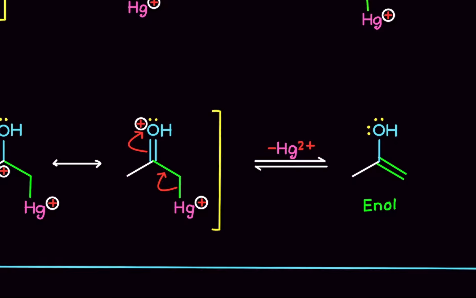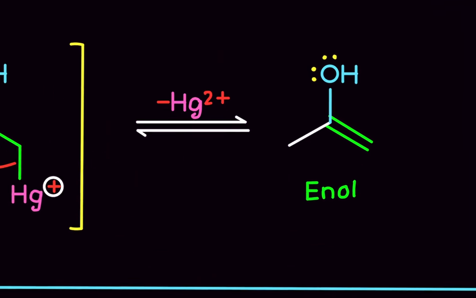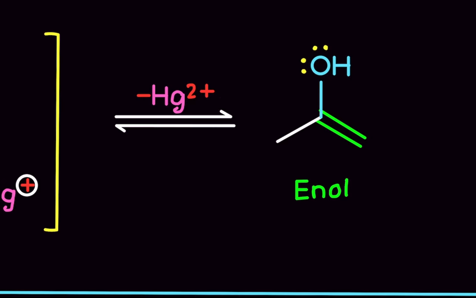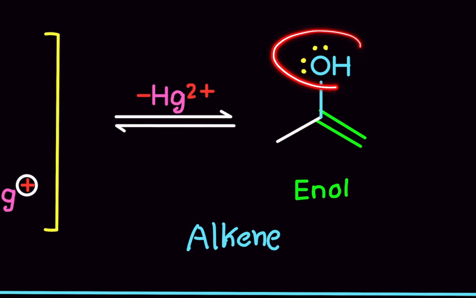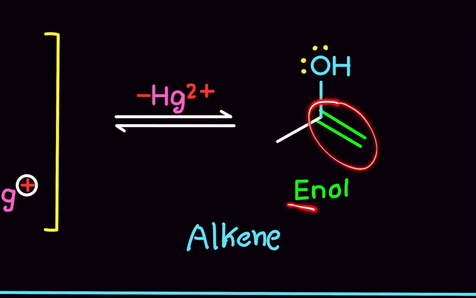The reason it is called enol is because, remember, alkenes, let me actually spell it out for you. Alkenes have the suffix ene. That's where the en in enol is coming from. Ol means alcohol. We have an alkene, ene, and an alcohol, ol: an enol.